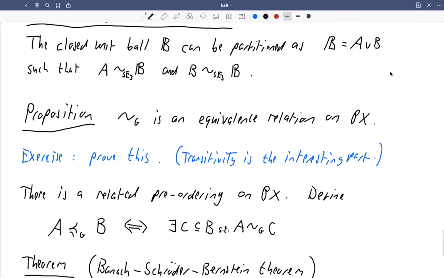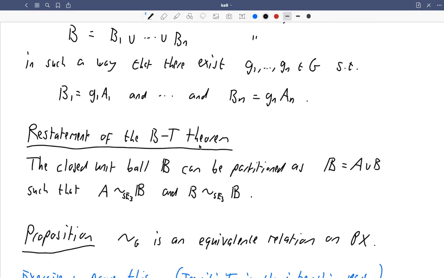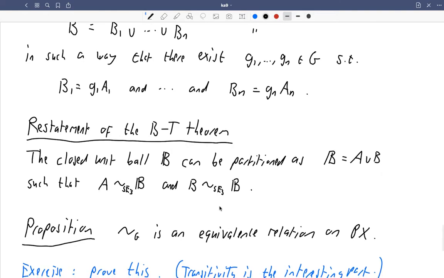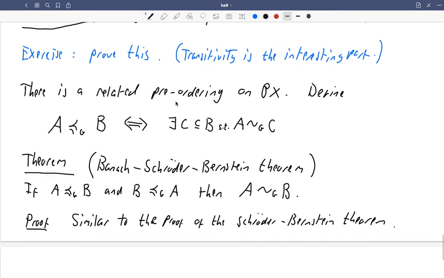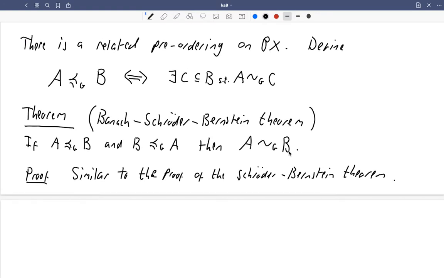Okay, so that's the end of step one. We've restated the Banach-Tarski theorem using the notion of equidecomposability for the group SE3 in this case. And we've seen that equidecomposability is a well-behaved notion. It's an equivalence relation, and also to show equidecomposability, it's enough to show that A is equidecomposable with some subset of B, and that B is equidecomposable with some subset of A. Then you get that the whole sets themselves are equidecomposable with each other.